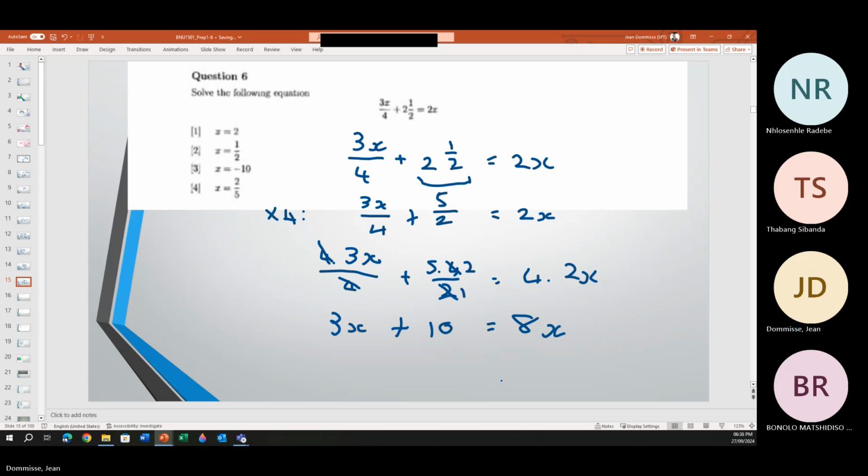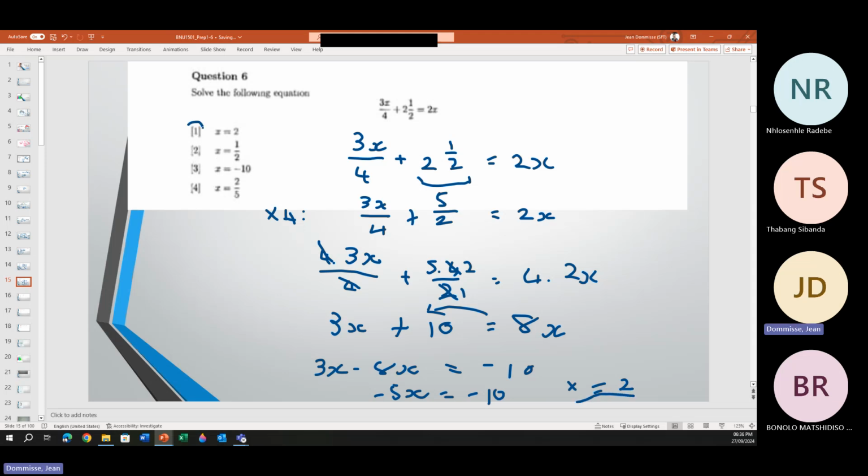Again, take all the x's to the left-hand side. So 3x minus 8x is equal to minus 10. 3x minus 8x is minus 5x, which is equal to minus 10. So x will be equal to 2.